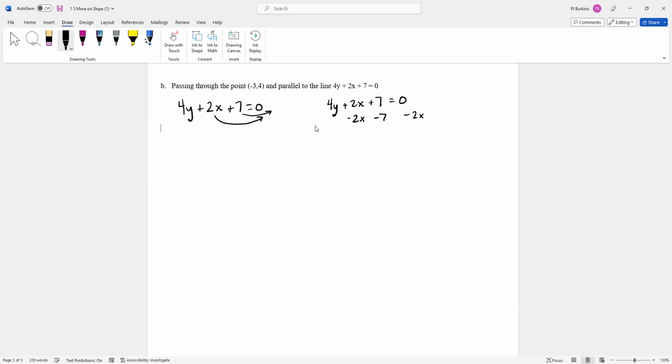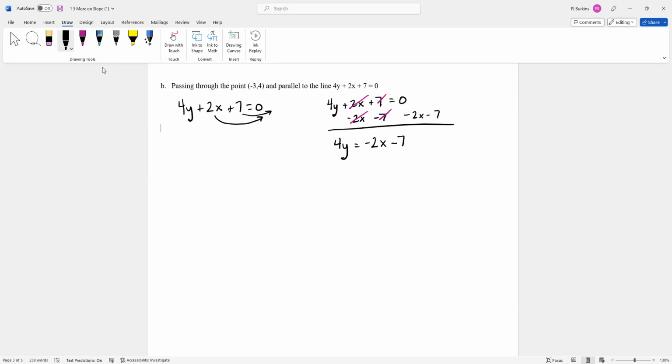And if you don't like me doing this in one step, then do one at a time. It'll still work out the same. Right, this cancels with this. This cancels with this. And I get 4y equals minus 2x minus 7.